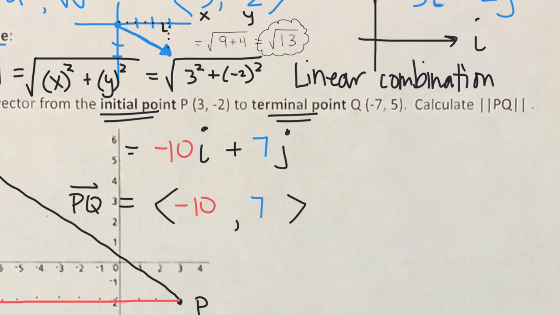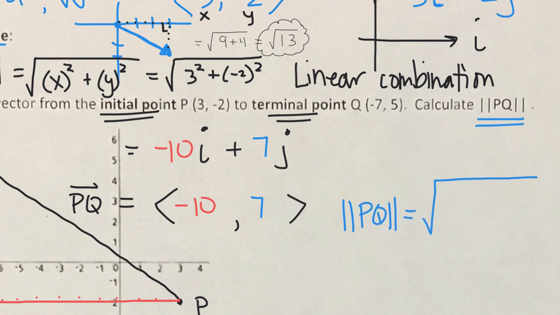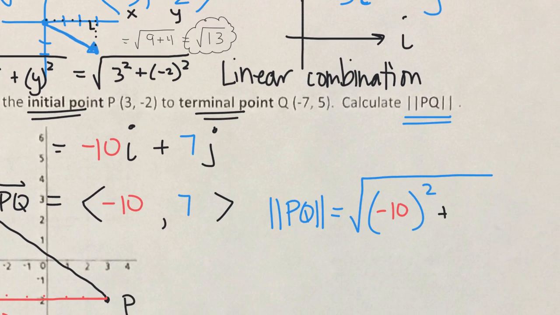And then it asks us to calculate this. You need to know that this notation means magnitude. The magnitude of the vector from P to Q is found by doing the Pythagorean theorem: -10, which is your x component squared, plus 7, which is your y component squared.